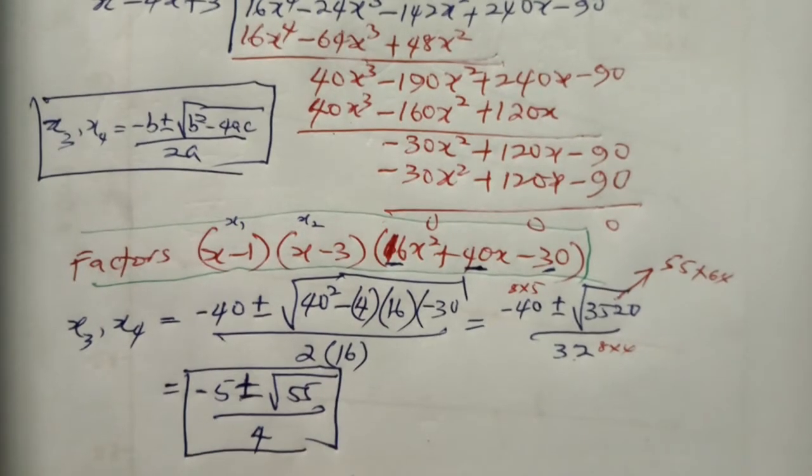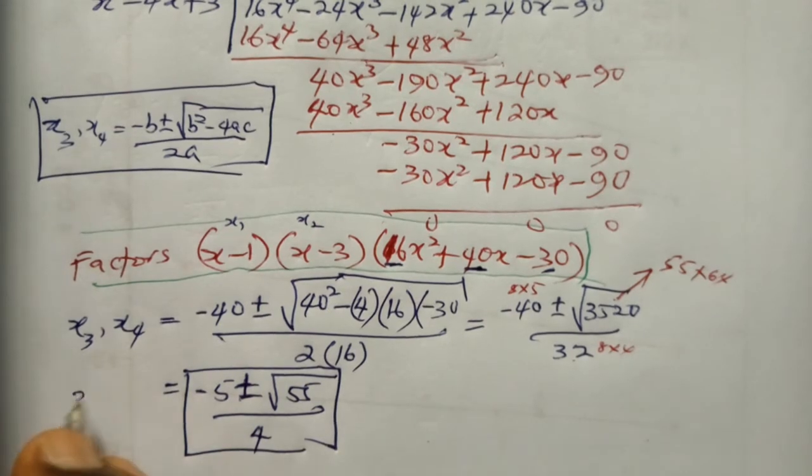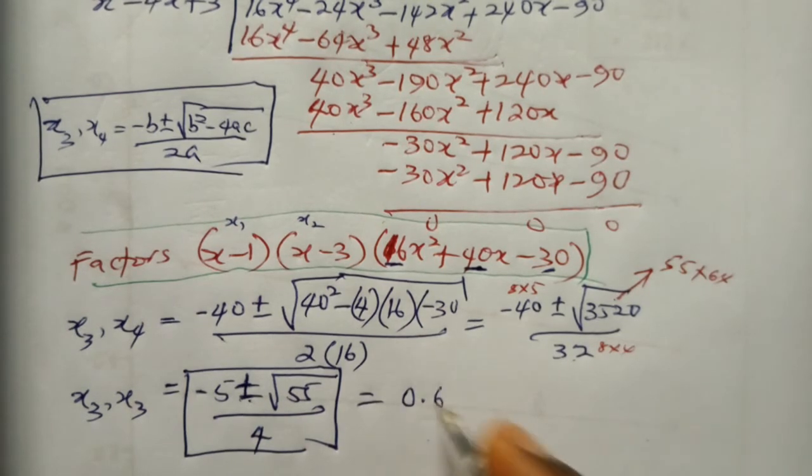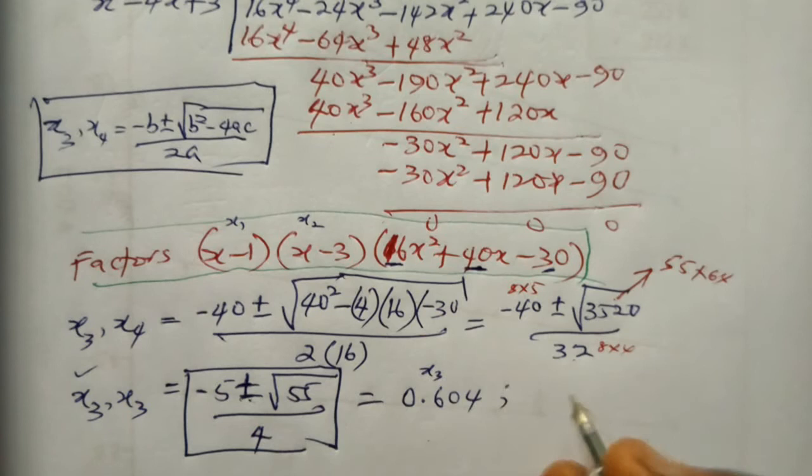So let me write it clearly. If we do the math here, you will see that we have approximately 0.604 for x3, and minus 3.1 for x4.